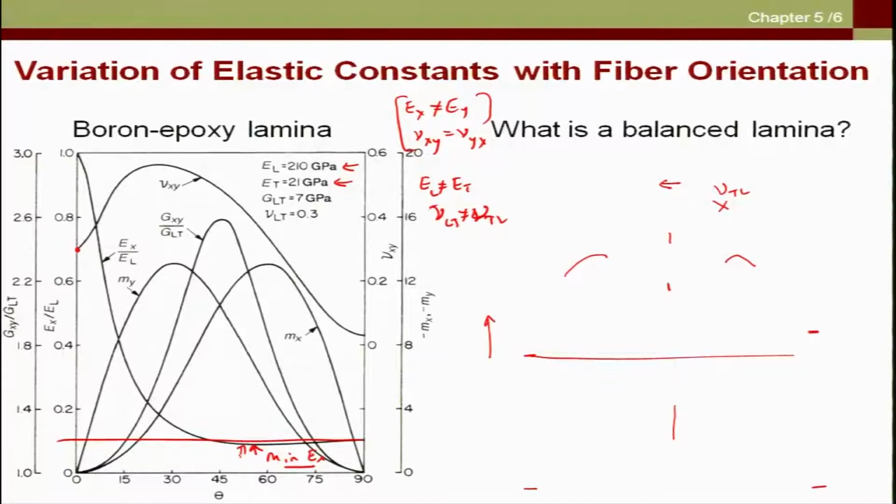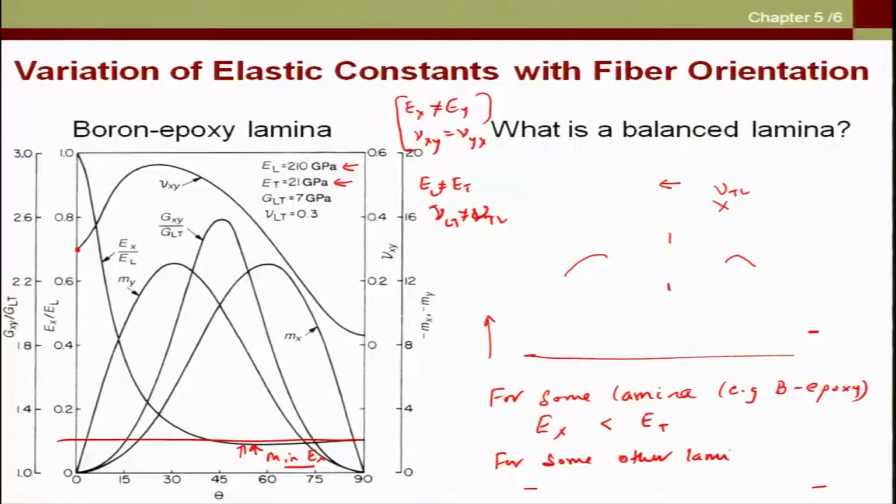So, what we are seeing is that for some lamina, e.g. boron epoxy, Ex can be less than Et, and similarly for some other lamina, Ex can exceed El and Et.